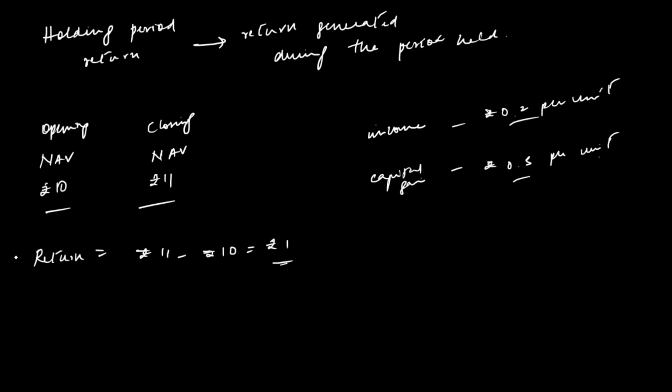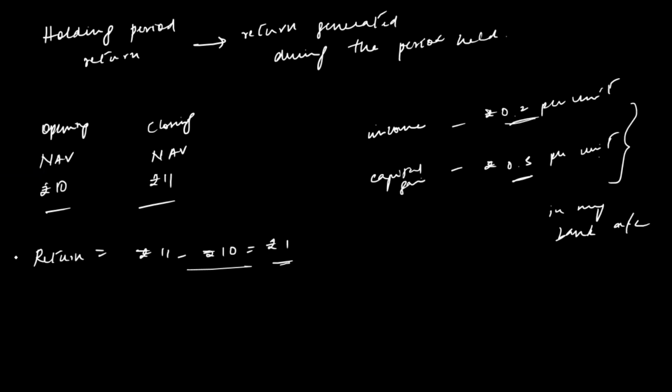So I'll consider this 1 rupee, I'll consider this 0.2, I'll consider this 0.3. All these three I have received, and these distributions I already received, and it is in my bank account, and this I am holding it. So on a notional basis I am considering the return to be 1 here, okay, based on the change in NAV, okay.